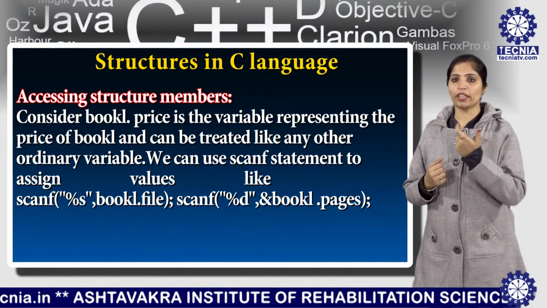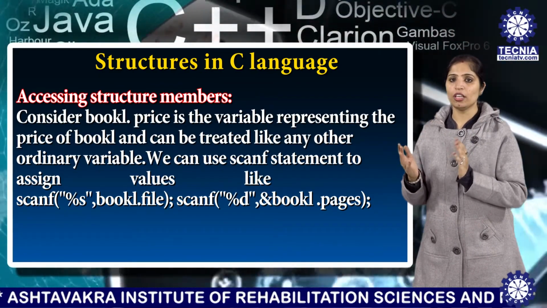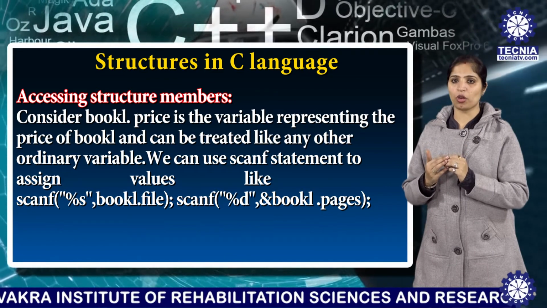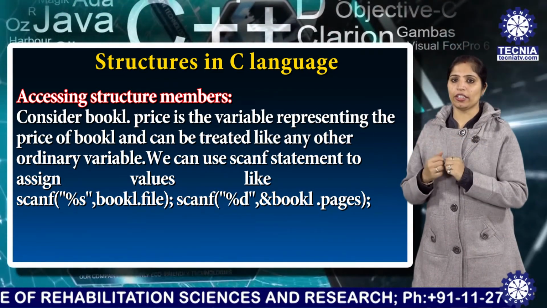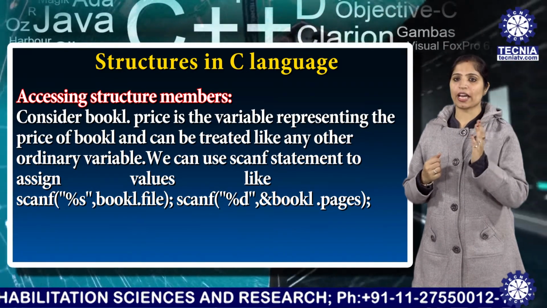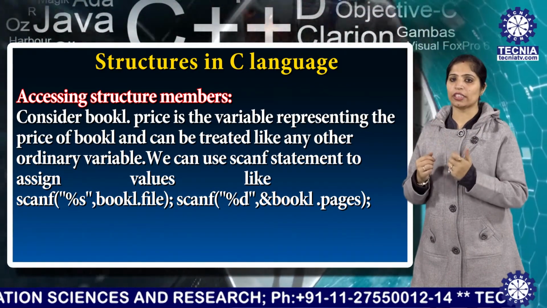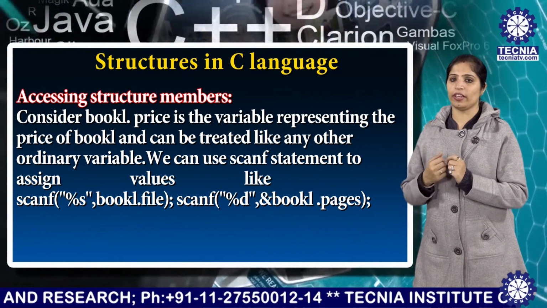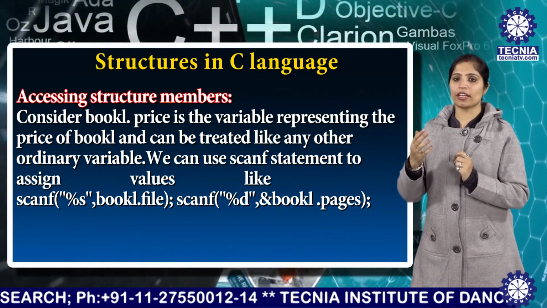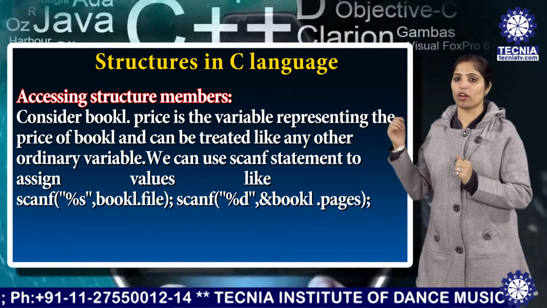Consider book1.price is a variable representing the price of book 1 and can be treated like any other ordinary variable. We can use a scanf statement to assign the values, like scanf with percent f for book1.price. You can also see the examples related to the structure on the screen.